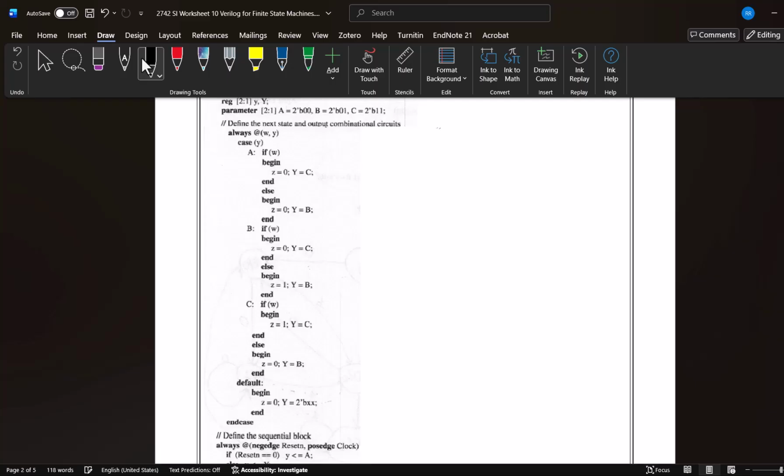So what variable is our current state? That would be lowercase y. Lowercase y is our current state. What variable is our input? W. So we know that this variable right here is our current state, and our if is going to be our input.